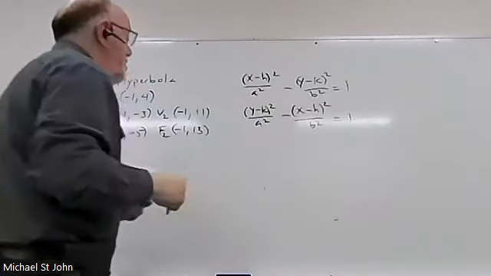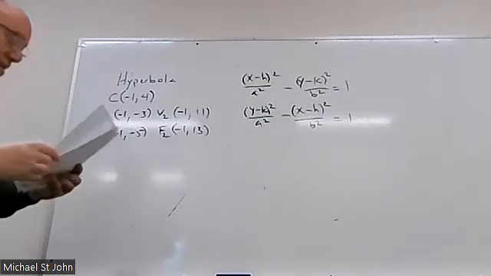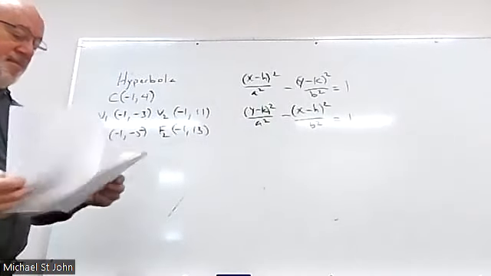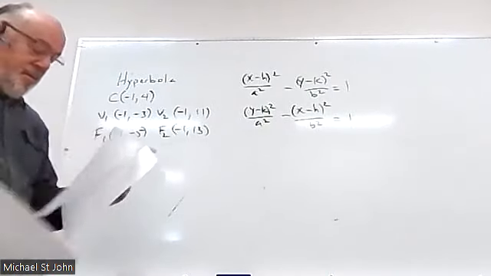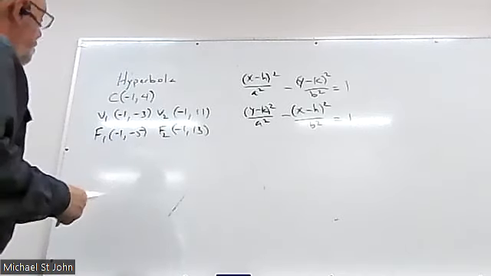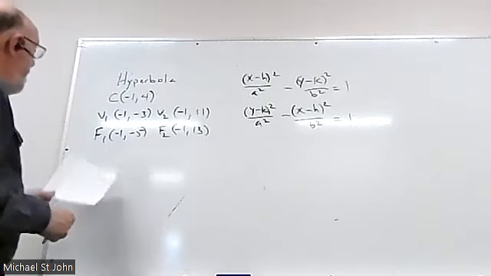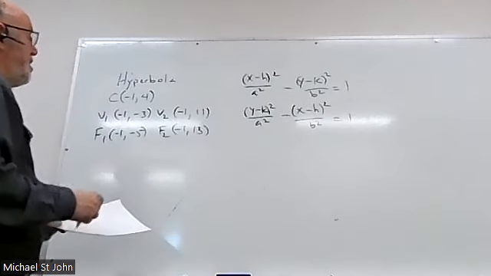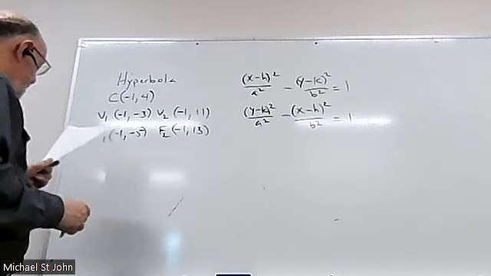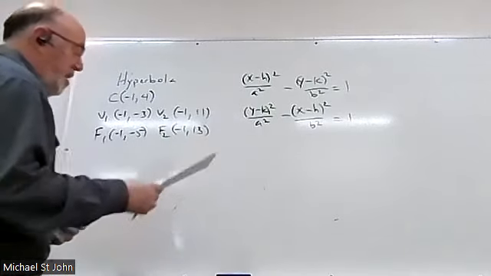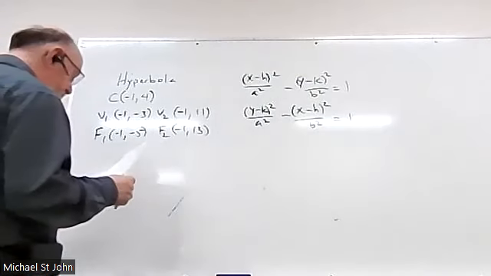So those are the two forms in terms of a hyperbola. So in terms of this one, you notice that my x numbers are all the same, which means we're going to want this form.